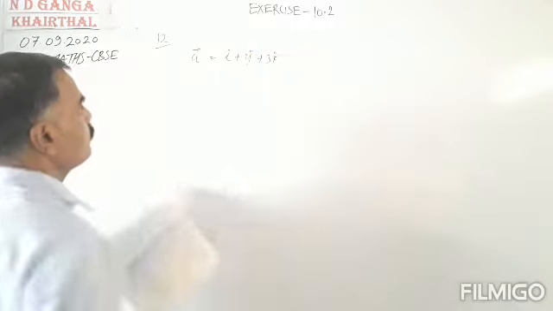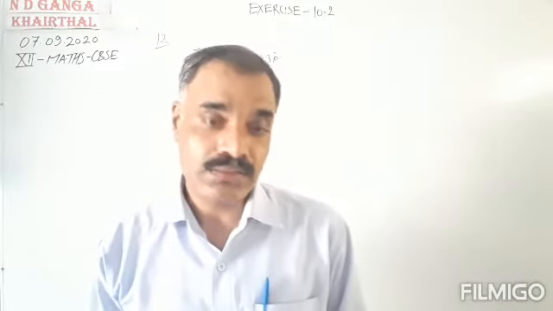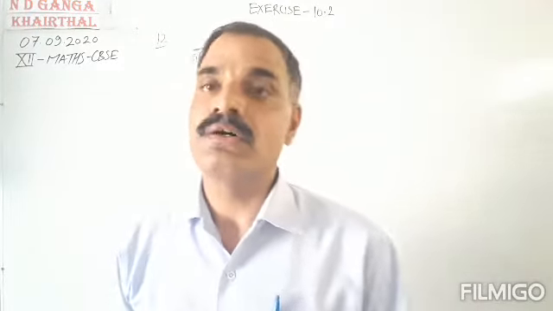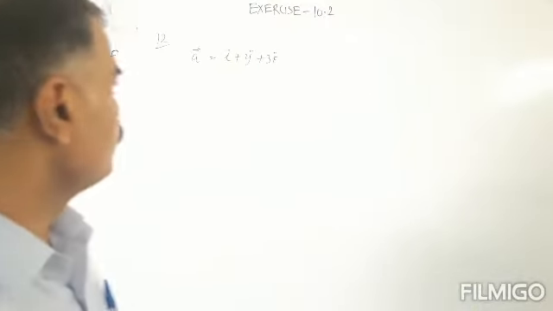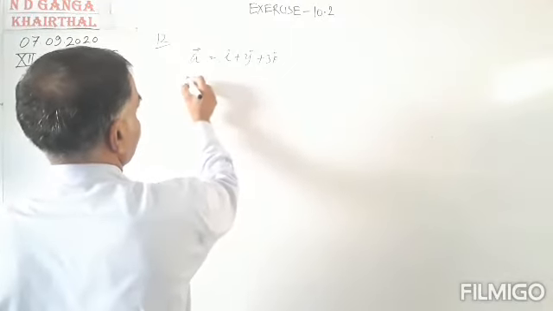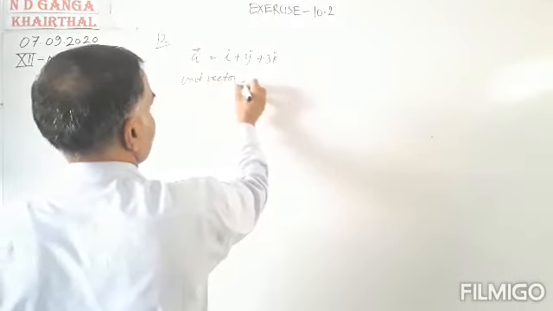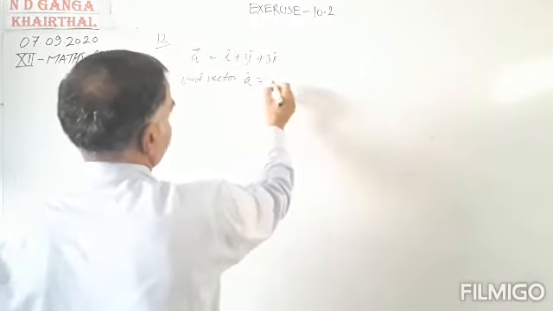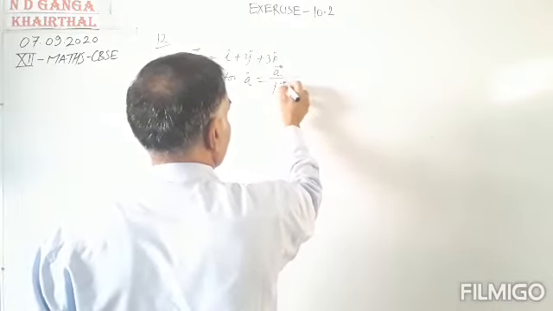So this is the vector and we have to find the direction cosines of this vector. First of all we will find the unit vector a cap, and a cap is equal to a vector divided by magnitude of a vector.